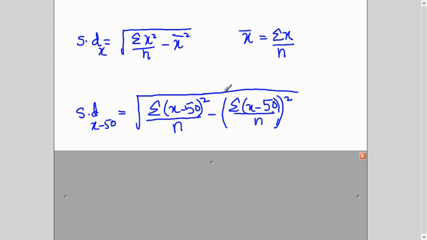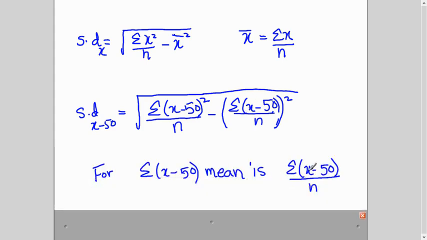And the mean will be the sum of the new data divided by n, squared. In this case, your mean is sigma x over n. And in this case, it is sigma (x minus 50) over n. So this is how you write the formula, and the answer of this will be the same. So sometimes we get the answer from here and plug in here to find this out. And this is what we will do in the current question also.